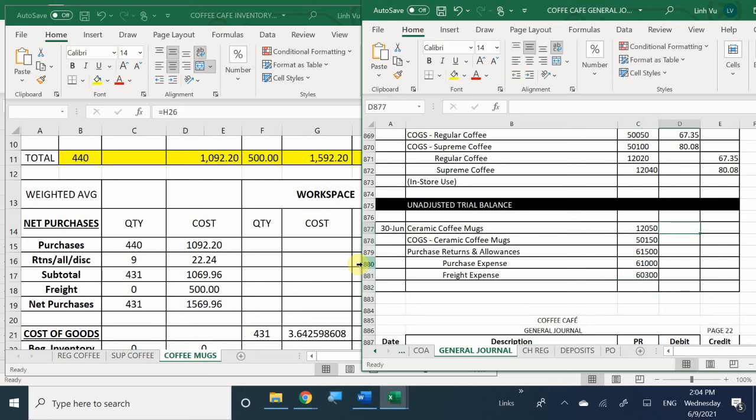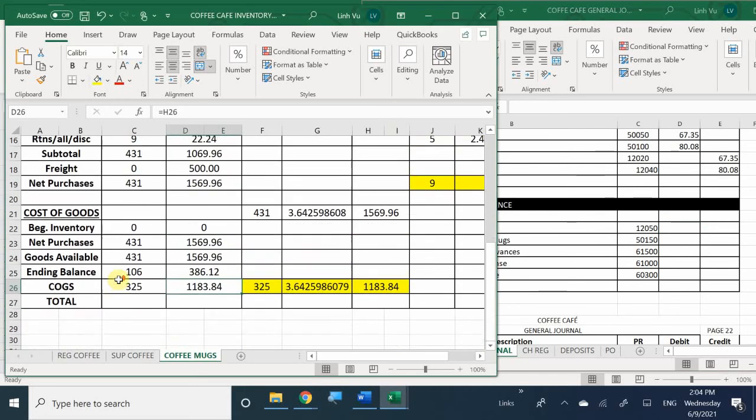Okay. So what was the total cost of my ending balance? 1569.96. That's the total purchase. So that's your net purchases.